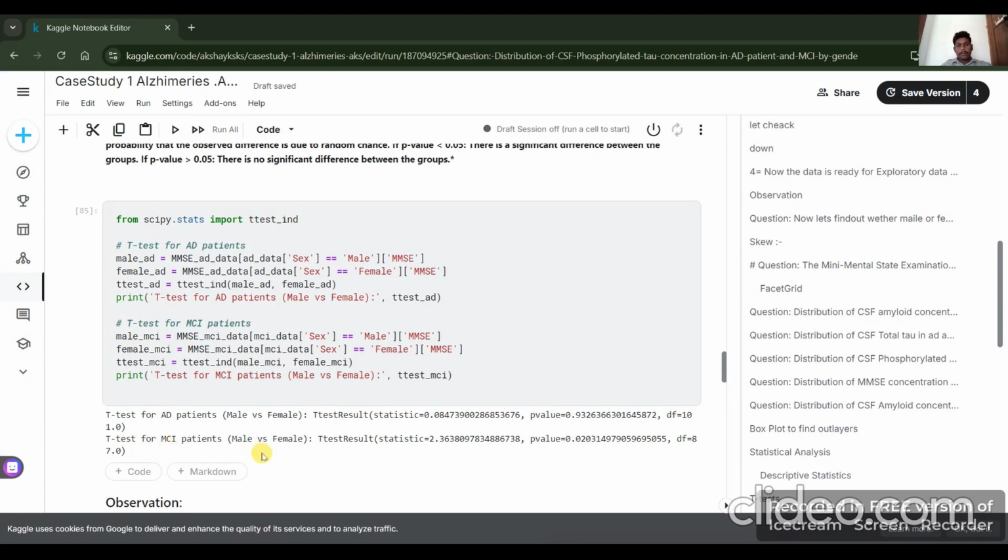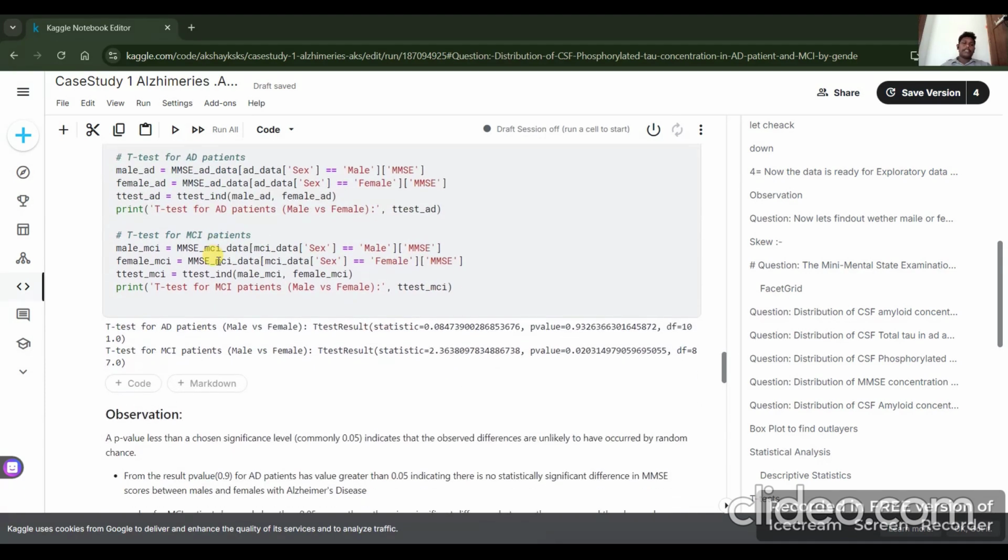T-test for MCI persons, male versus female: the statistic is 2.3638097834886738, the p-value is 0.0301439799059695, and the degrees of freedom is 8.76.